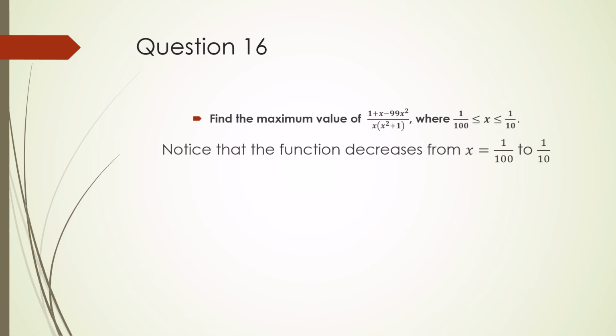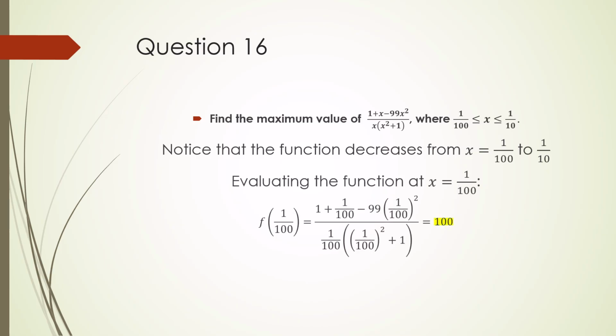You can work this out by drawing the graph of the denominator and the numerator, or you can complete the square to see this. Therefore, we can simply evaluate the function at x equal to 1 over 100, which simplifies to 100.